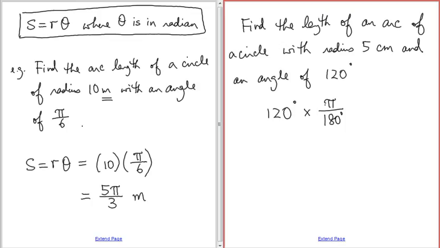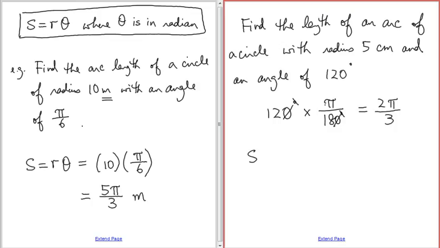Multiply by pi over 180 degree. So now the degree cancel out, and the 0 cancel out, and then 12 over 18. What can go into both? 6 can go into both. So it becomes 2 pi over 3. If you're not sure, double check with your calculator. Make sure you got that right.